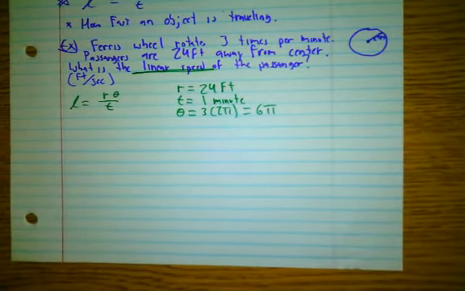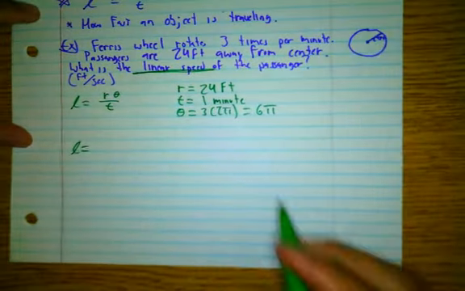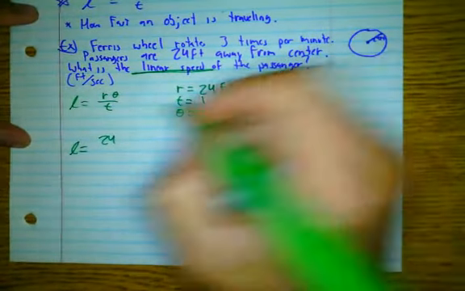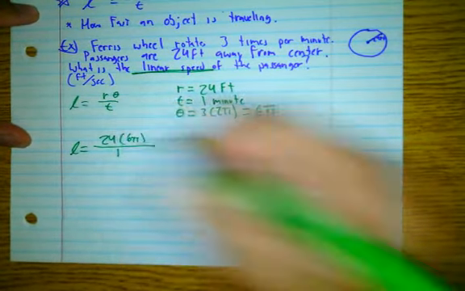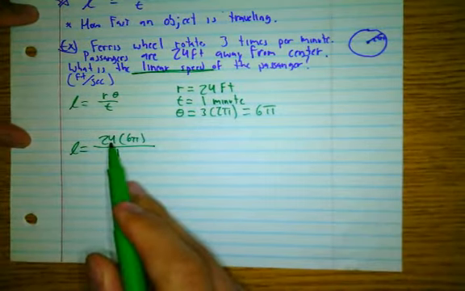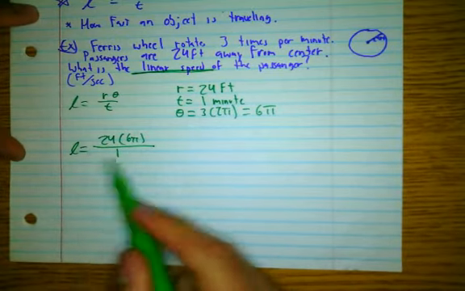Okay? Now you have everything. You're good to go. We can answer this problem. Linear speed equals 24 times 6 pi all over 1. Now, before we actually do the computations, what would your final units be with these numbers?